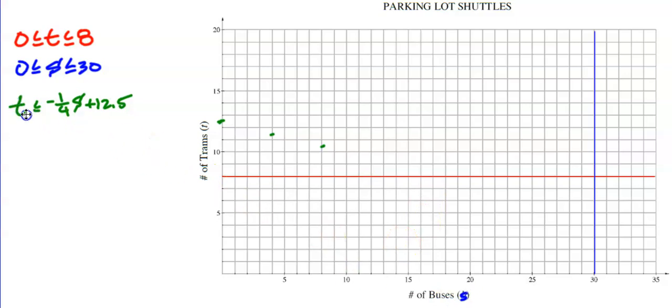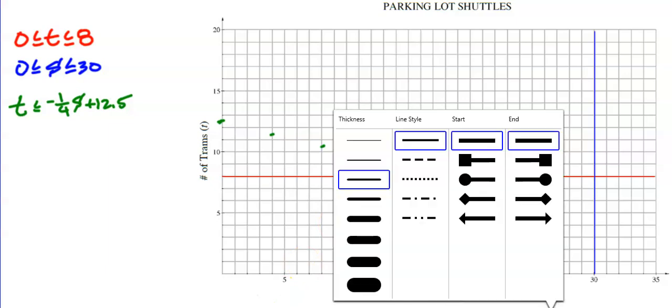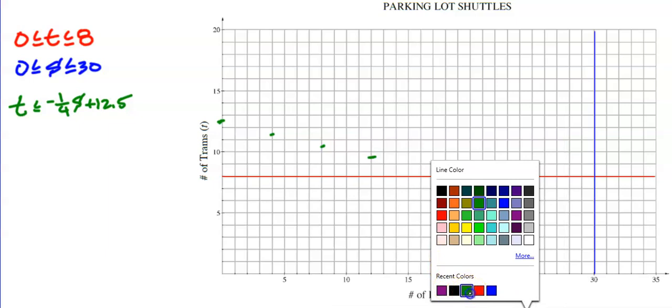And when this is 0, this has to be 0. So S times 4, 12.5 anyway. It's going to be whatever. Down 1 over 4. Let's get a lot of data points here. And then let's take a line, make it green.